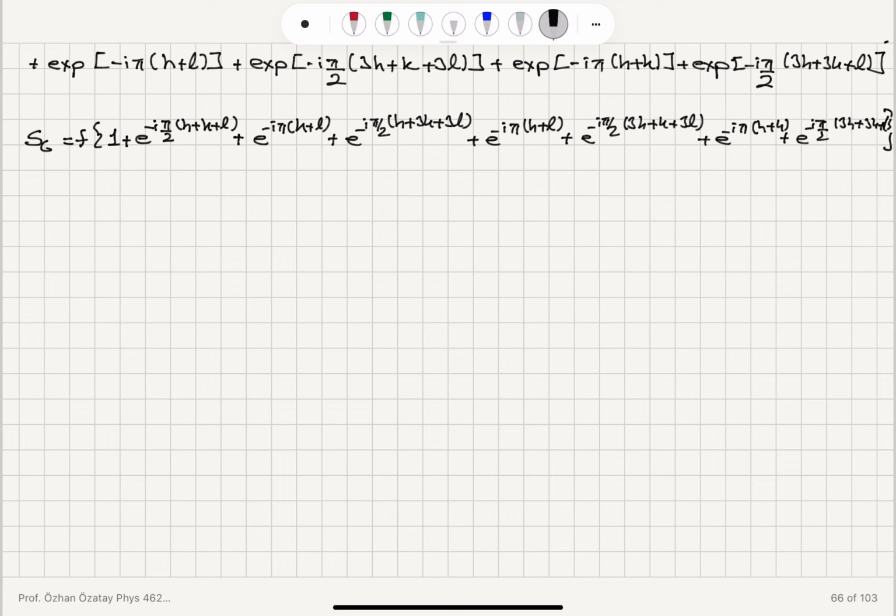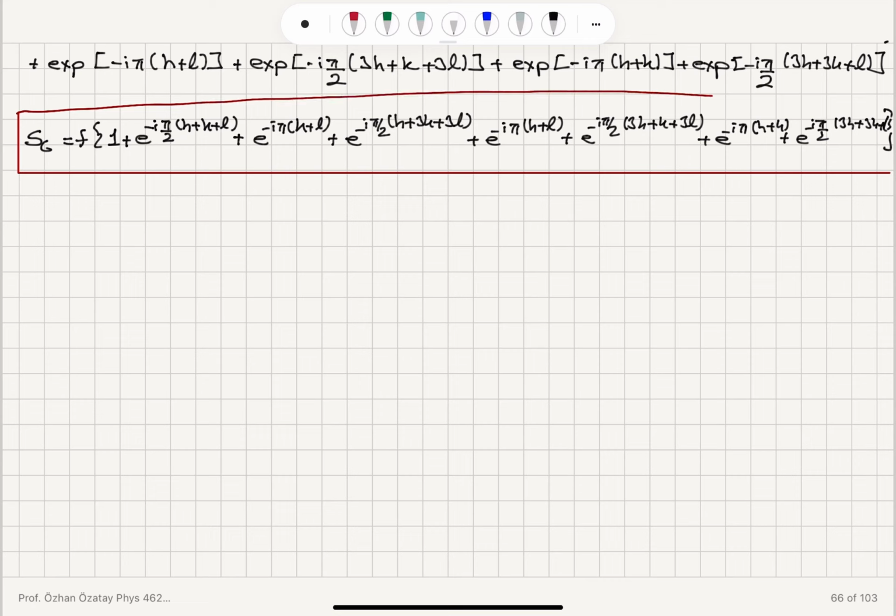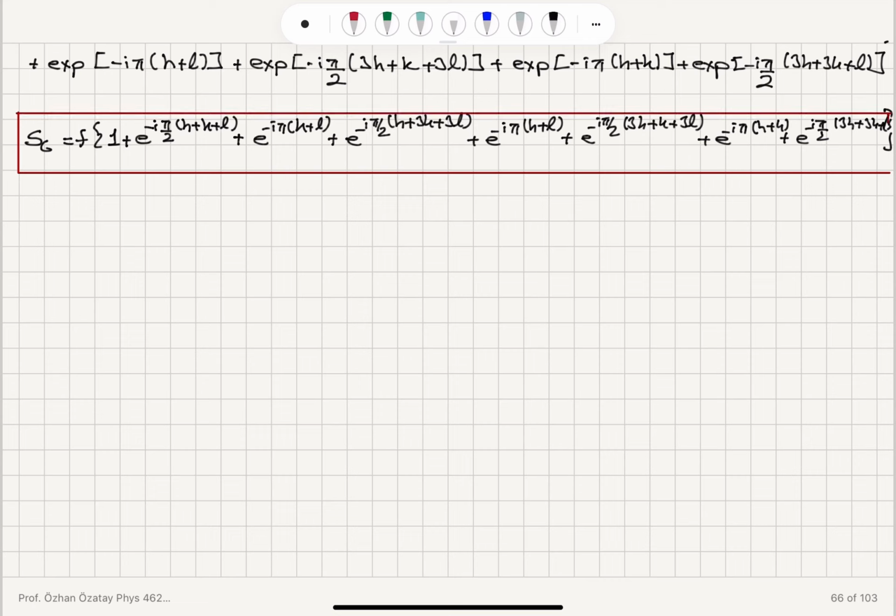And this basically is our final answer for the expression for the geometrical structure factor, considering the diamond structure with an 8-atom basis in the form of a simple cubic lattice. Now we can move on to part B. What we would like to do is find the zeros of the geometrical structure factor.